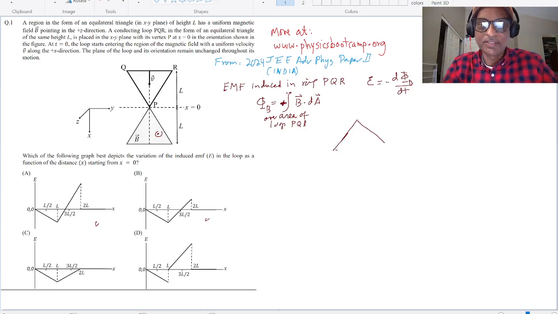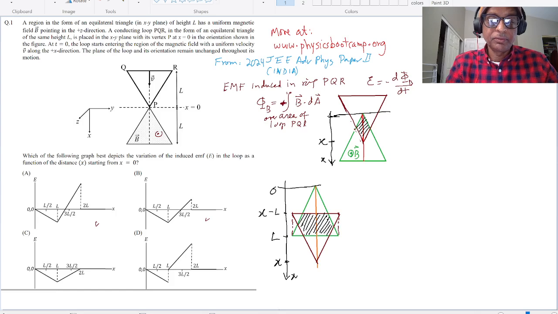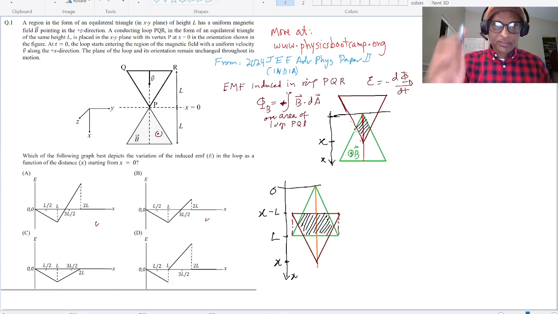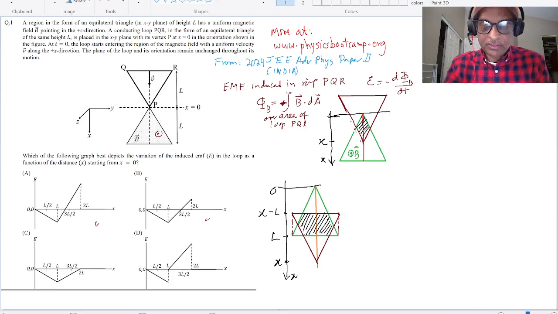Let me use the actual drawing tool to draw it. Okay, so I drew out the pictures so I can refer to them. This is the situation at some time t where the tip is still inside this triangle where the magnetic field is non-zero.